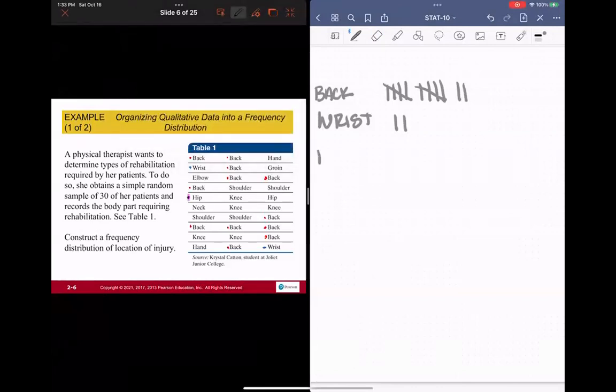Next, let's look at hip. We have 1, and 2 for hip. Next, we'll do neck. We have 1. And I don't see any more neck. Shoulder.